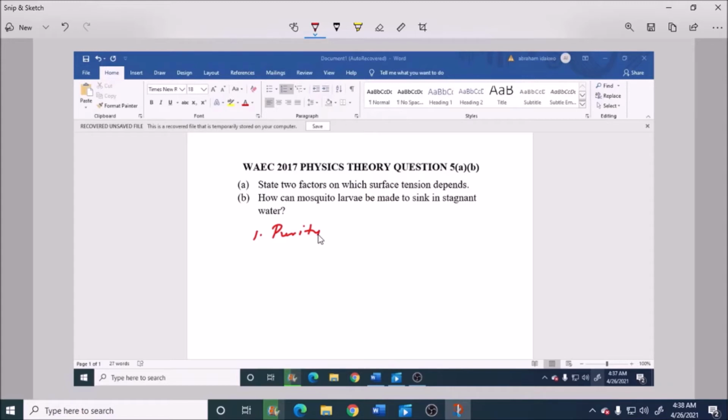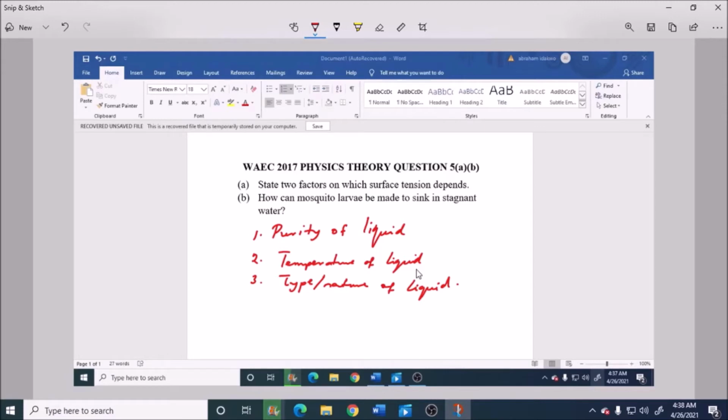Number two, we have temperature of liquid, and then number three, we can have the type or the nature of liquid. Okay, so all these are the factors that surface tension depends upon.